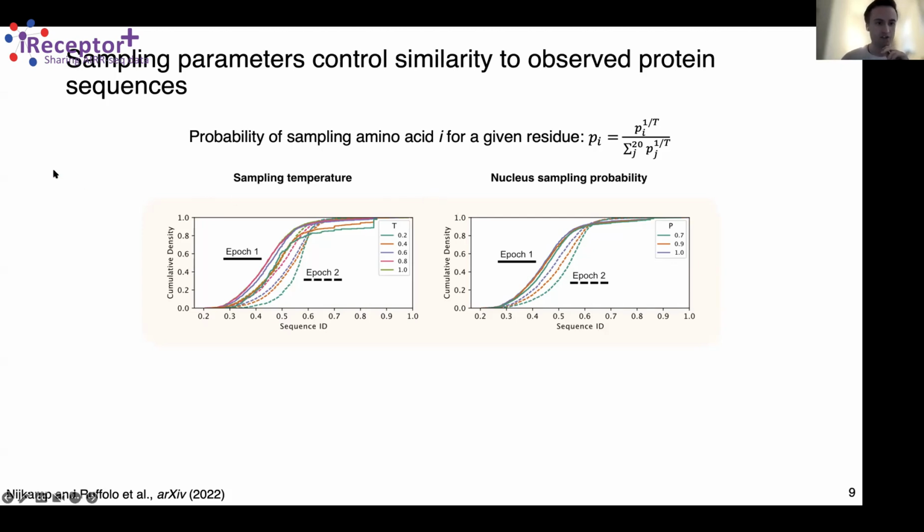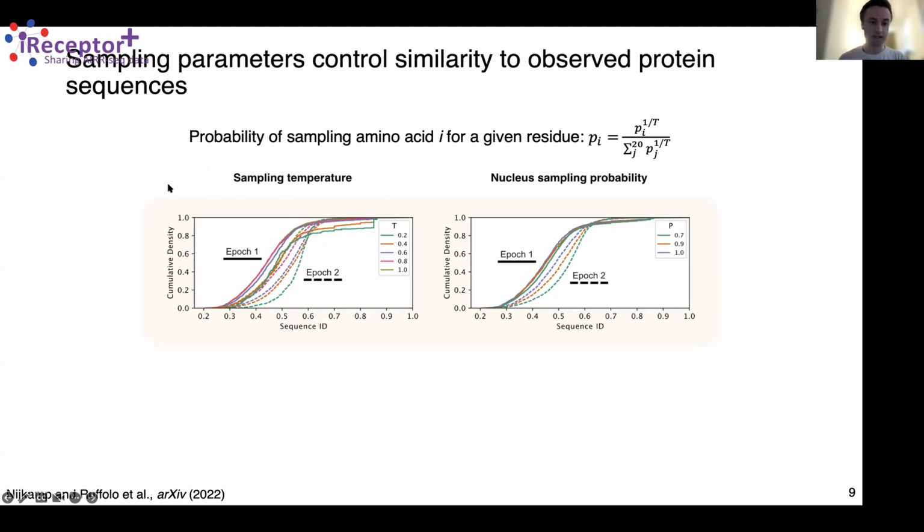In these plots, I'm showing the effects of both further fine-tuning from one epoch to two epochs over the fine-tuning data, as well as varying these sampling parameters. You see mostly what you would expect. If you train the model further, both sequence identity in the left plot and, with respect to the temperature, shifts to the right, meaning they look more like the training data.